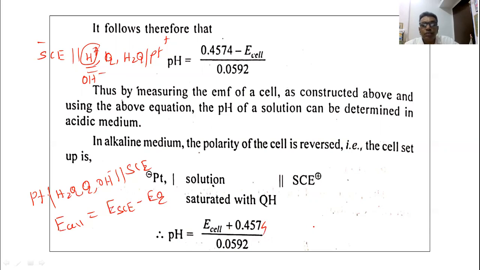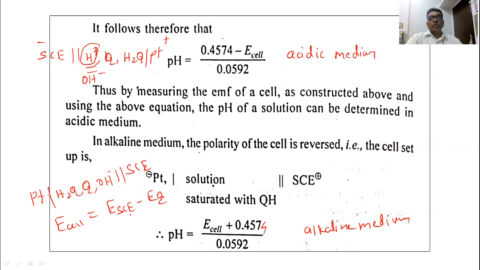This equation can be used in alkaline medium, where we can measure the EMF of the cell using a potentiometer. And this is for the acidic medium. When the solution contains hydrogen ions, we can use this equation.